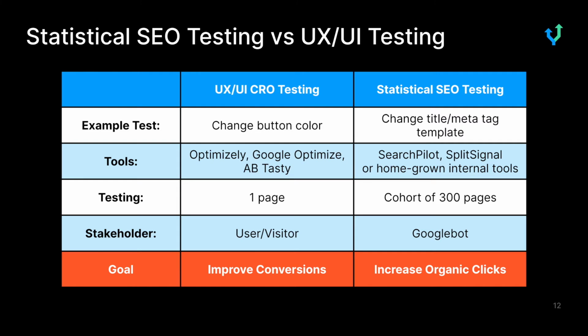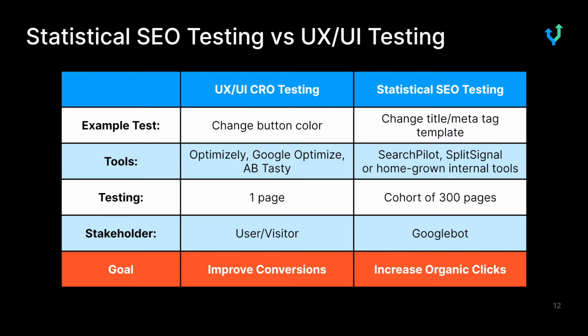Whereas SEO testing, we're maybe changing the heading titles, we're maybe injecting content, changing content, or moving around title and meta tags. There are only a few tools we can use for this, and we're not testing this on one page, but a cohort or a group of templatized pages. Our stakeholder is Googlebot, and the goal is to increase organic clicks.